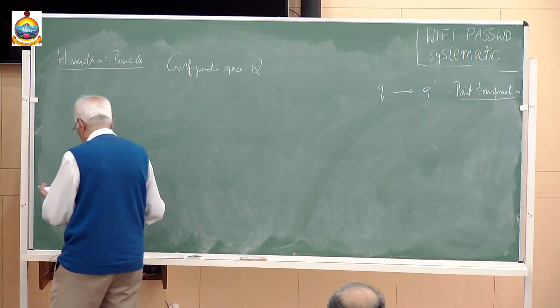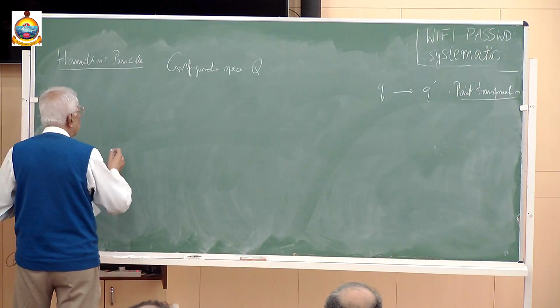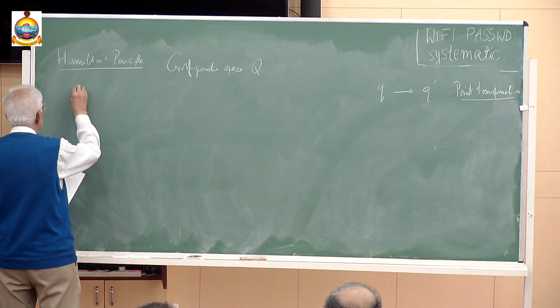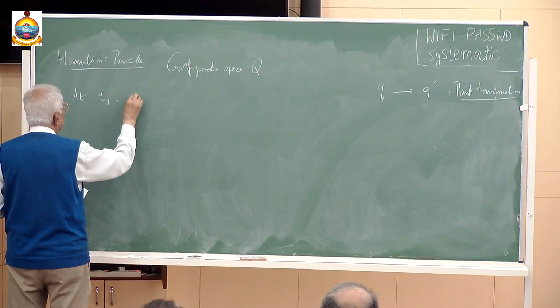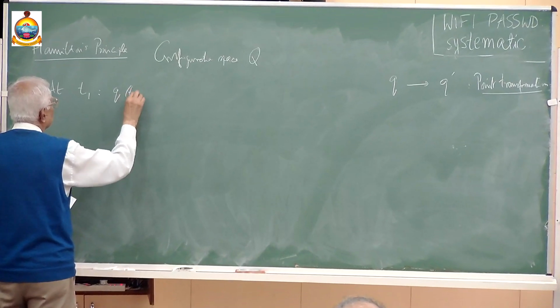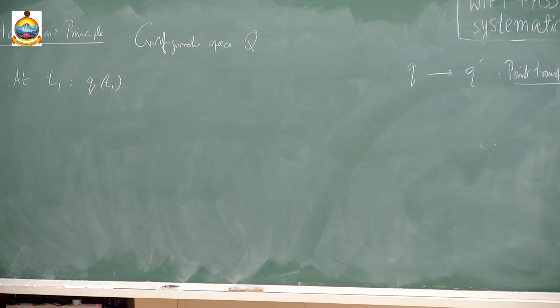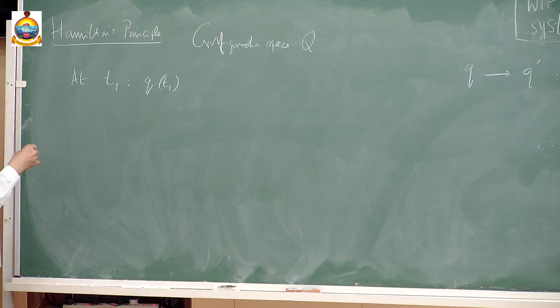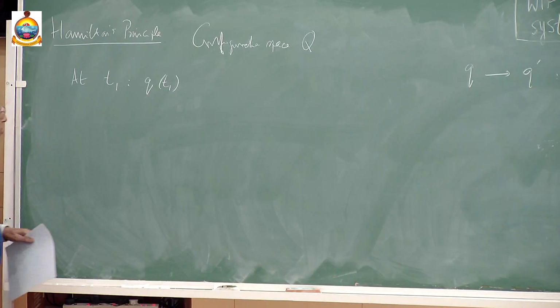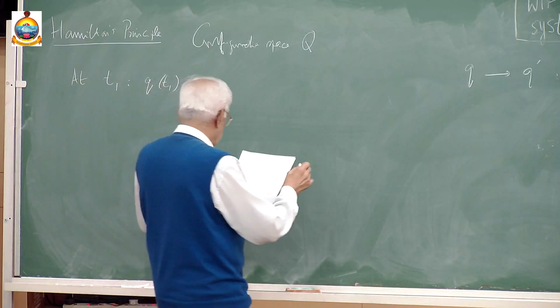So, you approach the problem in the following way. In the configuration space, at an initial time t1, suppose the generalized coordinates or the configuration q of t1 is specified. I do not put the index superscript r for many degrees of freedom, you can assume it is there.